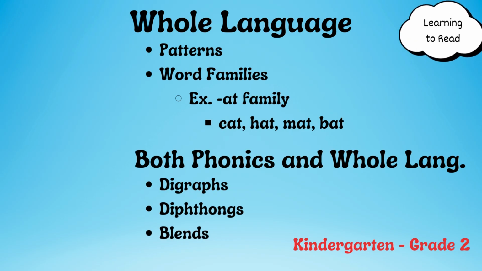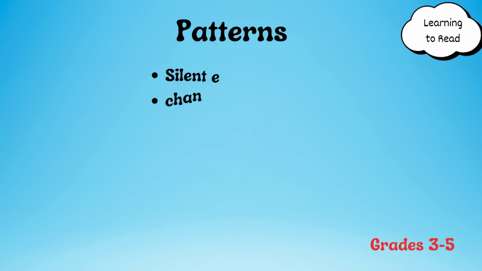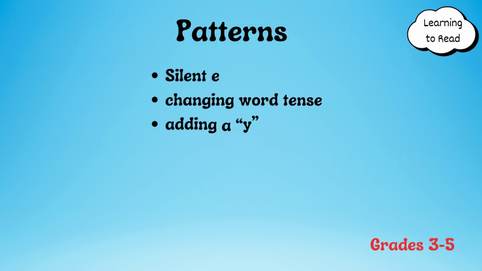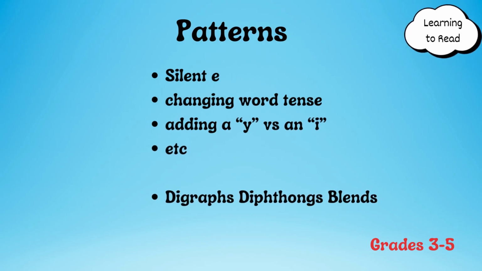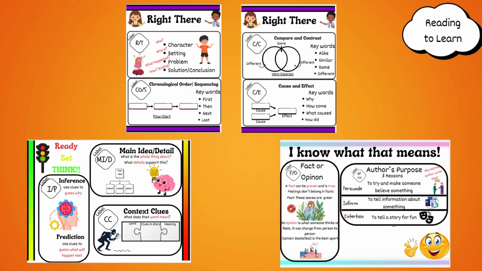This will most likely be the majority of the reading wall for K to 2, while 3 to 5 may focus more on patterns that affect a word, such as silent E, changing word tense, adding a Y at the end, along with those digraphs, diphthongs, blends. I usually also include a space to add new words as we learn, such as vocabulary or spelling words.